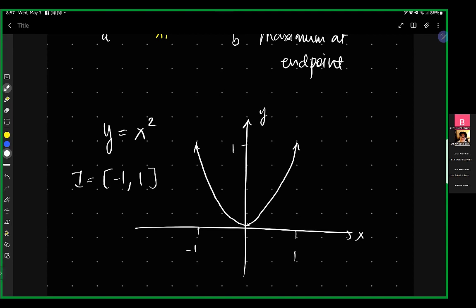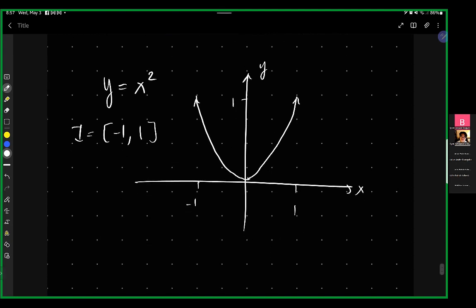Okay, I'll just call Diamond Grace Rico. Can you tell me anong klaseng maximum and minimum points meron dito sa y equals x squared for the interval -1, 1? Hello? Okay, mukhang walang gustong sumagot sa'kin. Anyways, let's proceed na siguro.